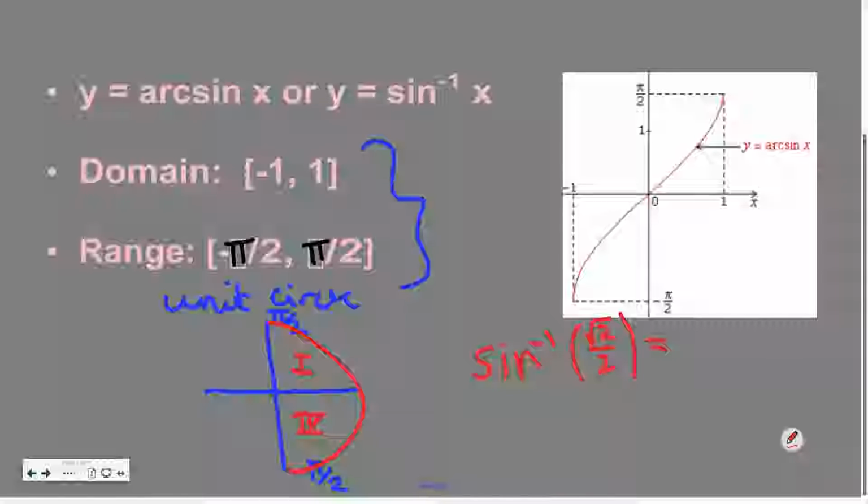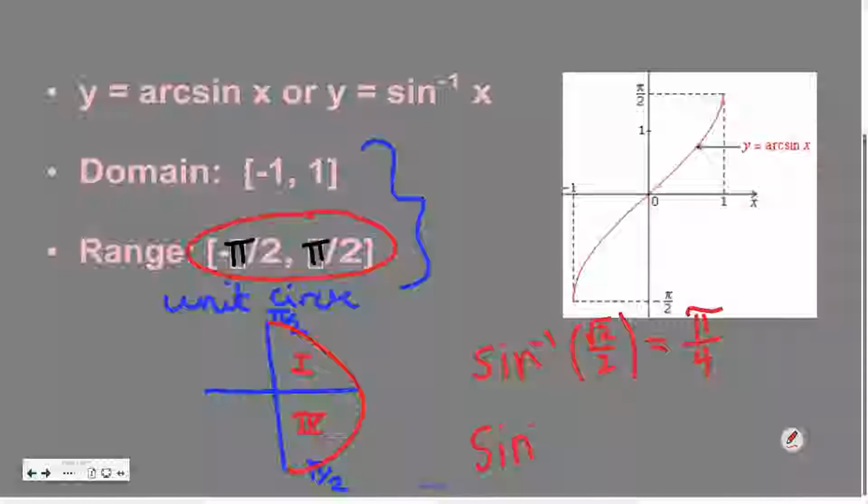Which angle has a sine ratio of radical 2 over 2? Pi over 4. So our answer is pi over 4 and only pi over 4. I know that the sine is radical 2 over 2 in an infinite number of places, but we have to stick to this range right here anytime we see that inverse sine.